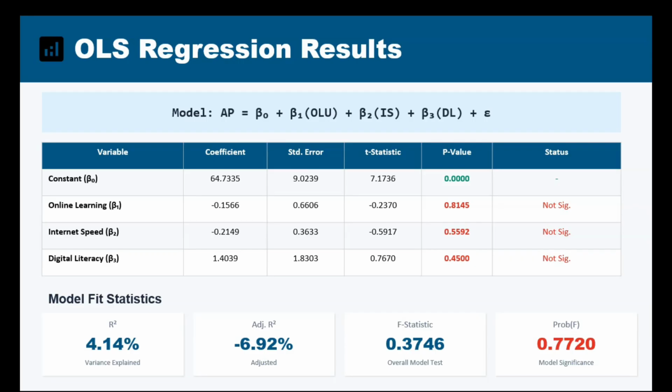We have higher probabilities. None of my variables can affect the performance. So it's a reverse. I was making a mistake. Are we together? My probability for the F test is 77, greater than 5.